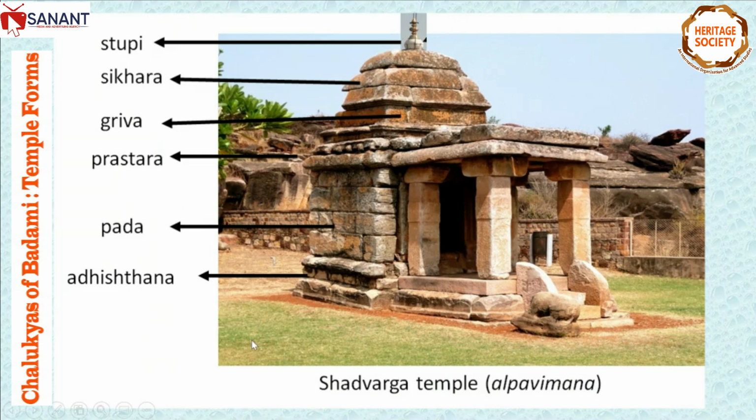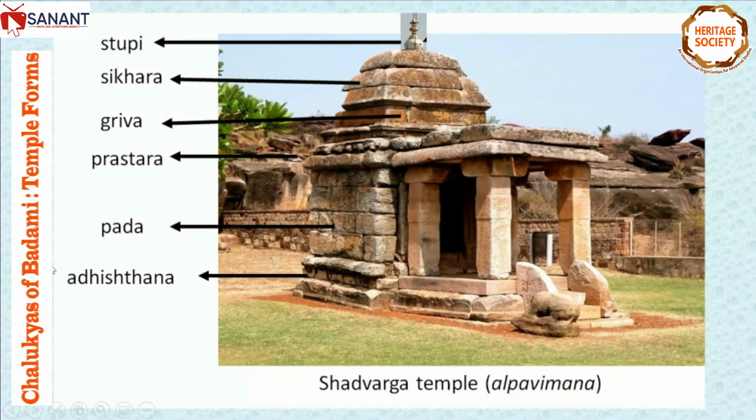So these are six in number, as you can see, 1, 2, 3, 4, 5, and 6. And that is why simple temples of Alpavimana, as they call them in southern context, are called Shadvarga temples. Shadvarga means having six vertical components.